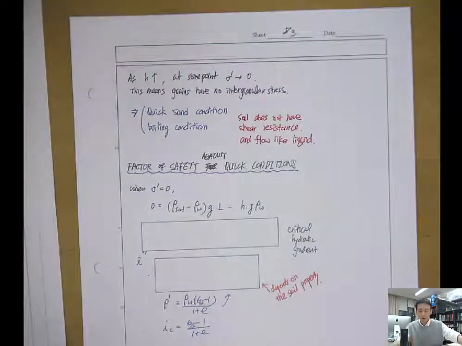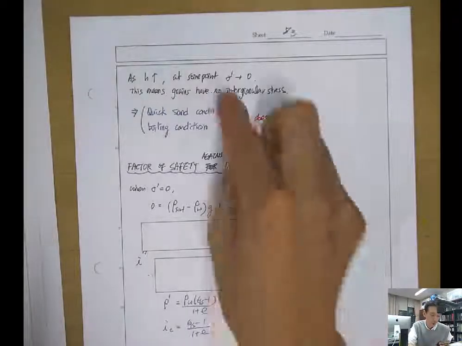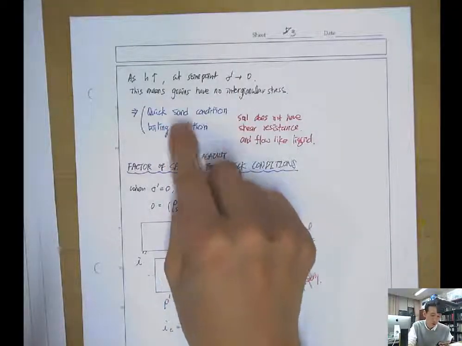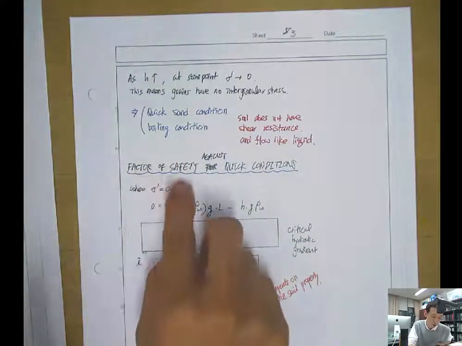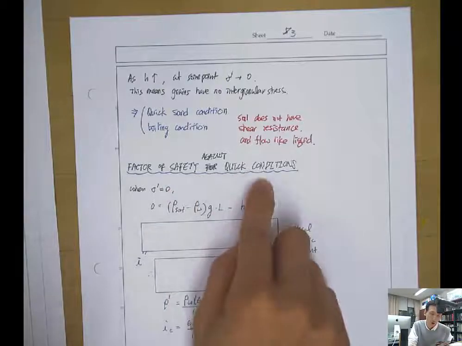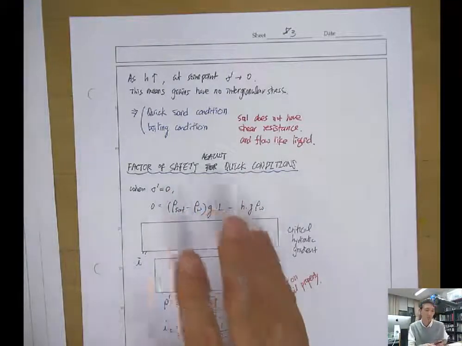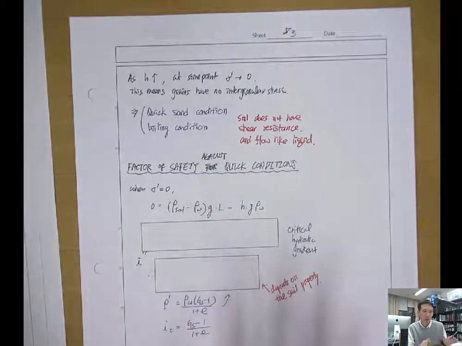So in soil mechanics and in geotech, we want to check when this kind of quicksand condition or quick condition happens. So we estimate the factor of safety against the quick condition. When the factor of safety is less than 1, we expect that the quick condition will occur, which we don't want.